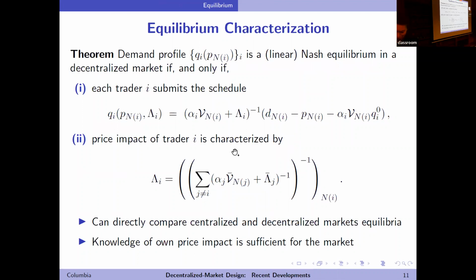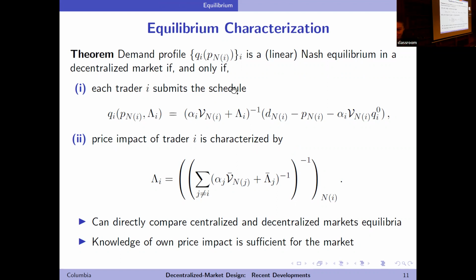Okay, so now the big payoff comes. We introduced two pieces of notation: treating assets traded in different exchanges as different assets, and dealing with aggregation through lifting. This allows us to characterize equilibrium in any decentralized market with two simple conditions.